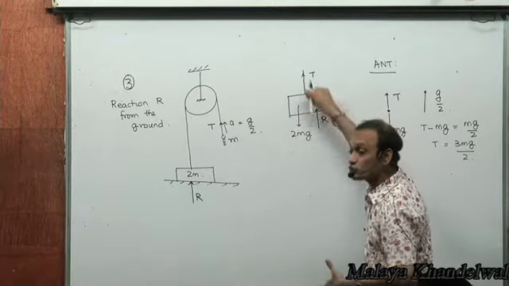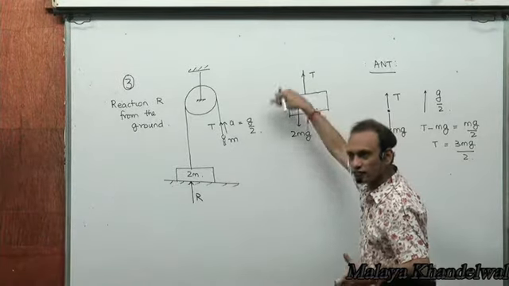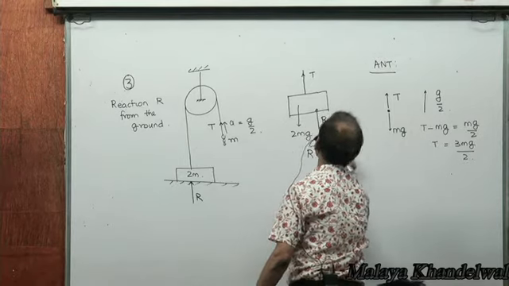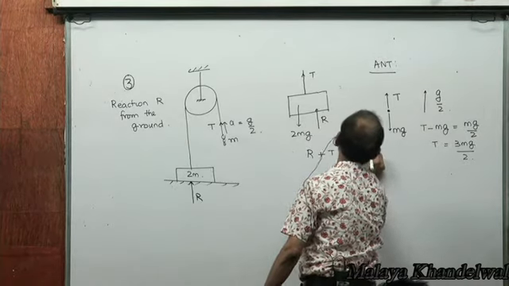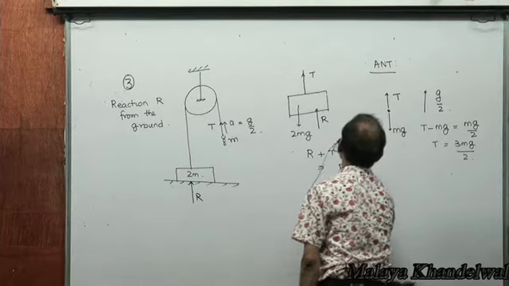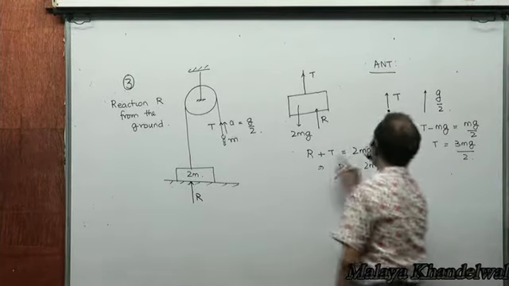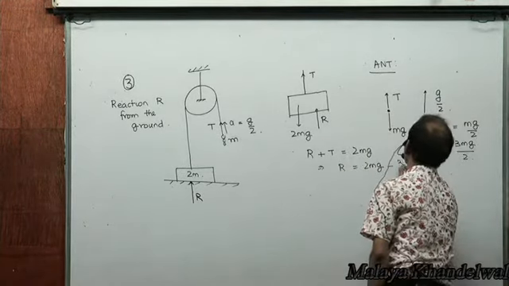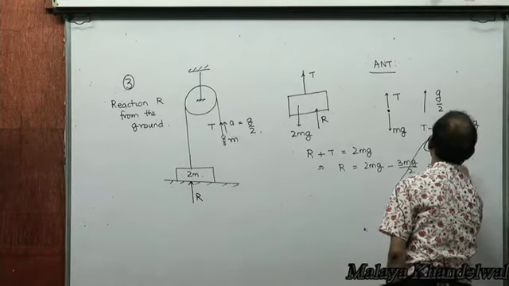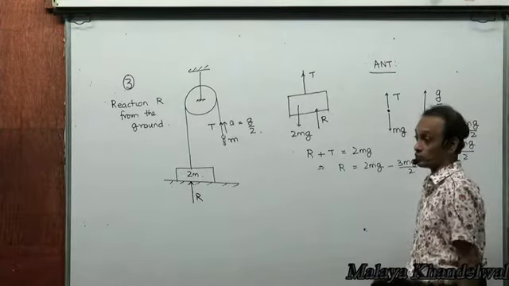That means net of all these forces must be 0. So I have R plus T taking care of 2mg. So R therefore turns out to be 2mg minus T, where T we have computed as 3mg by 2. So that makes it mg by 2 is the normal reaction from the ground.